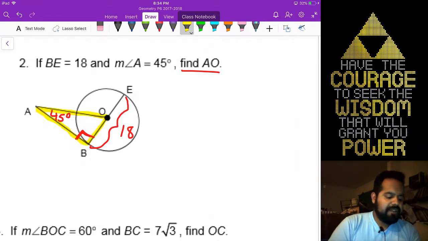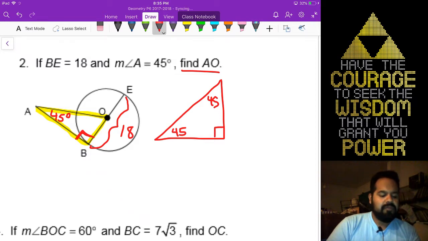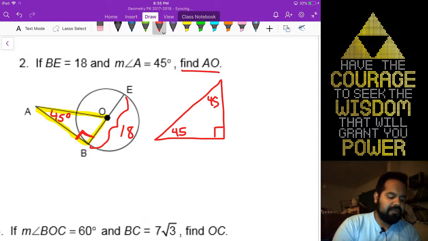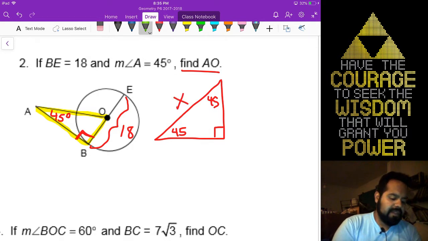If we have a right angle and 45 degrees, then we automatically know the last angle is also 45. So 45, 45, 90. Well, I need at least one of the side lengths if I want to find AO, which is going to represent my hypotenuse here. Our hypotenuse of 18 makes that side length here a 9.